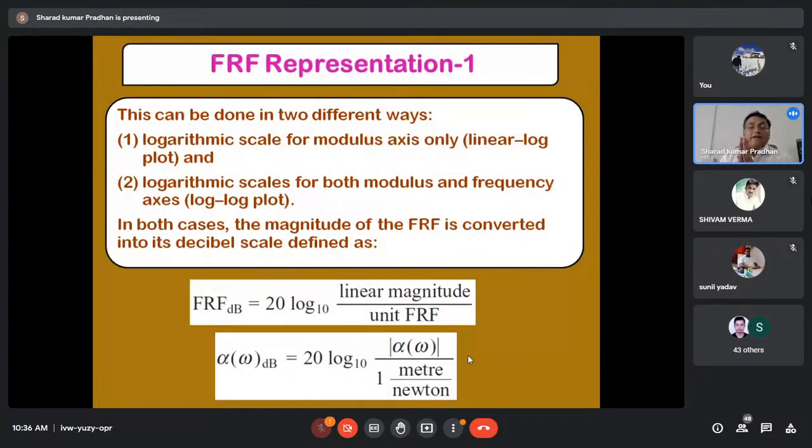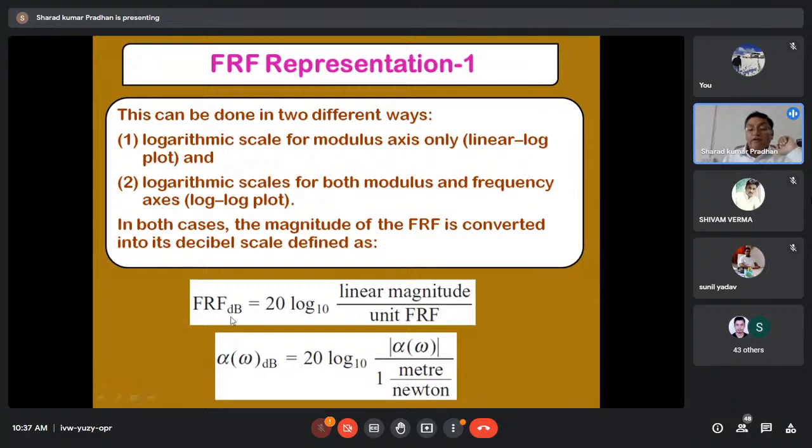Generally, when you plot an FRF, it looks very small because only one peak is there and the other values are very small. Because of that peak, the other values have negligible magnitude. So generally what people do, and that is a standard procedure, is take the log. If they take log on both sides, we call it a log-log plot. If they take log only on the amplitude side, we call it a linear-log plot.